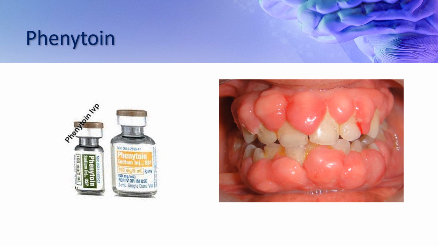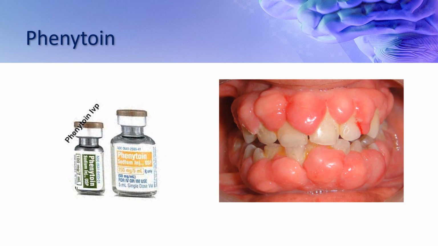Phenytoin, also known as Dilantin, is a medication used to treat epilepsy or seizures, and it can be given IV or PO. The picture on the right shows gingival hyperplasia, which is usually seen in patients who are taking this long term, and that can be prevented by just good oral hygiene.